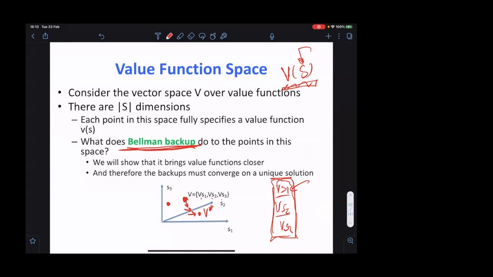The operator is a matrix over this high dimensional vector, transitioning it to a different point. In the Bellman backup, there's a nice property: I will show that eventually they converge to that optimal point.